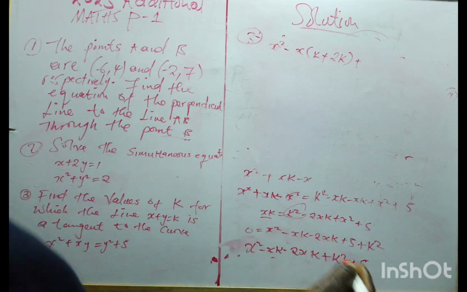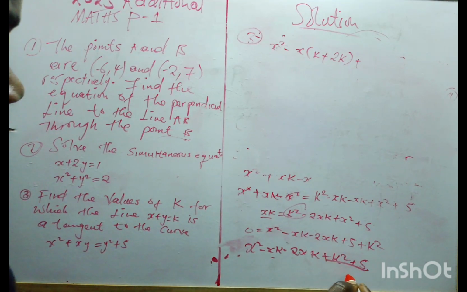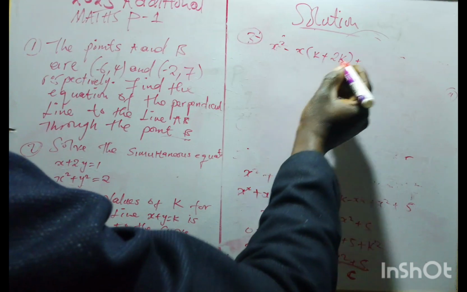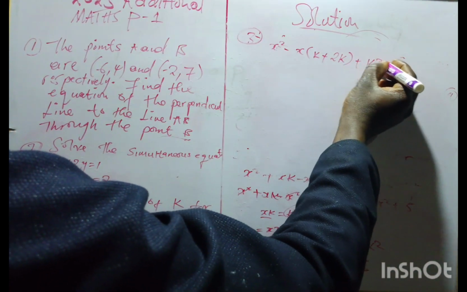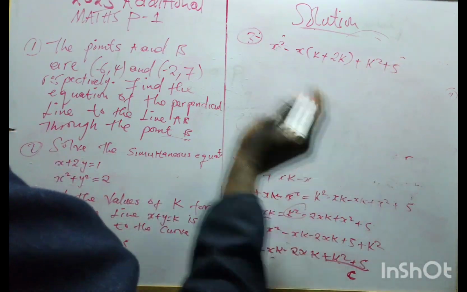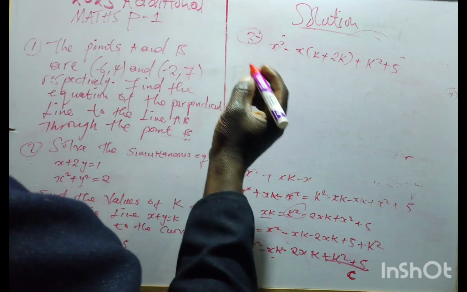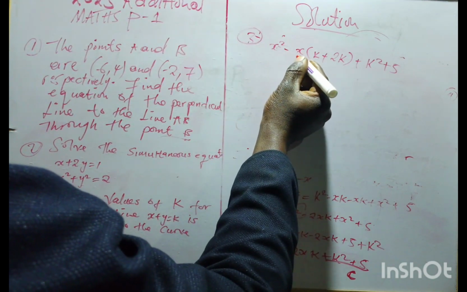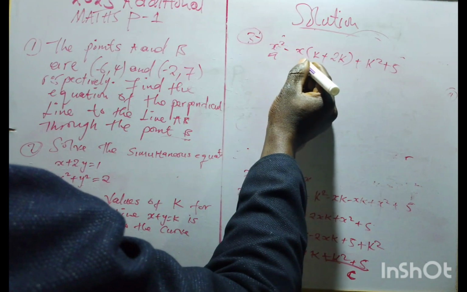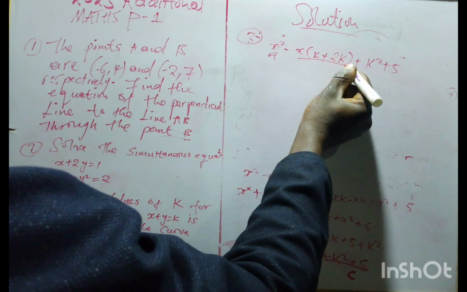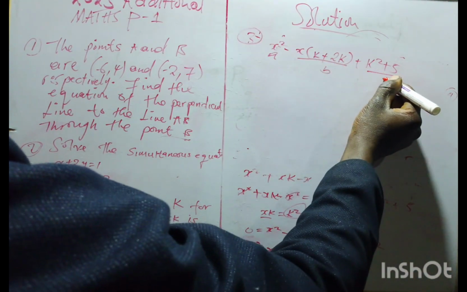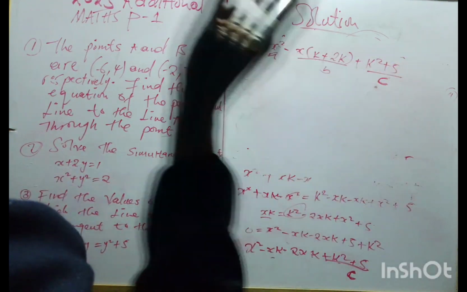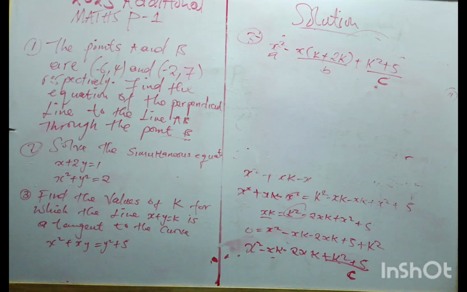Okay, so these two terms here stand for C, and in which here you're going to have k squared plus 5. Okay, so here, this is A and B, it is here, and C it is this last term here, which is a constant.